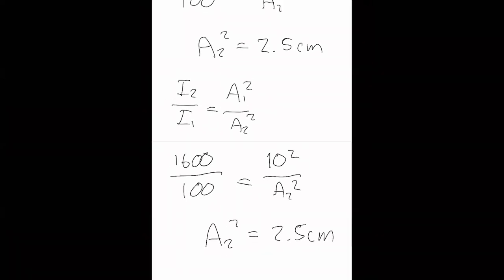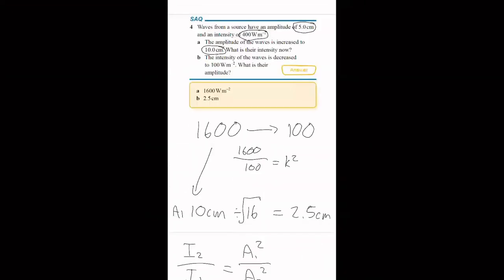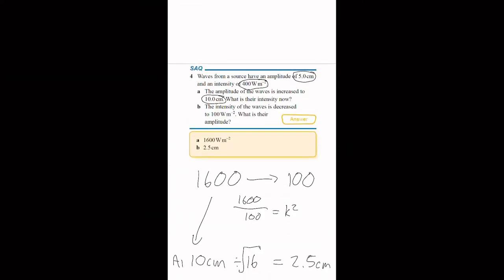The only difference is when you start with the 1600, which is this over here, you have to start with the amplitude as being 10. But if you started with the 400, then you start with an amplitude of 5. But you get the same answer because you're scaling it down to the same wave. For B, you're scaling it down to the same wave.